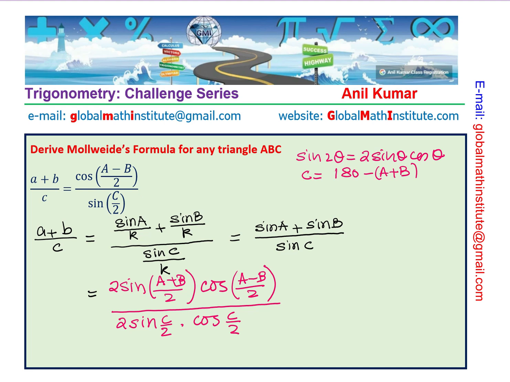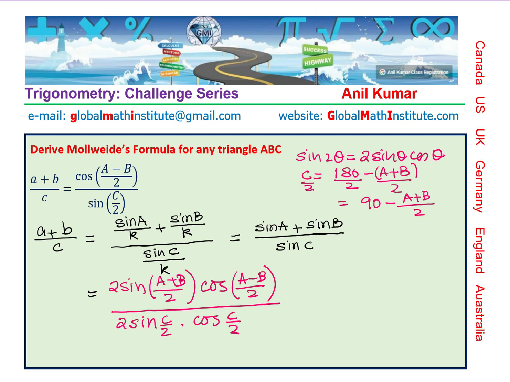You get the whole idea, right? So when I do C by 2, we will divide everything by 2, right? So C by 2 is equal to 90 minus A plus B by 2. Is that clear to you?